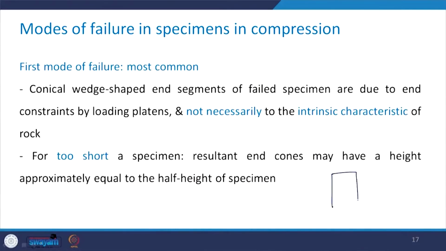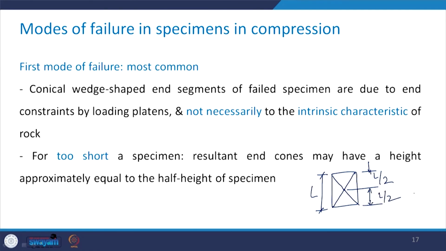What will happen if you have a shorter specimen? See, if I have this shorter specimen, then I may have this kind of situation. That means the end cones may have a height that is this much. Let us say the total height or length of the specimen is L. So, the height of this cone is going to be L by 2 here and here also.